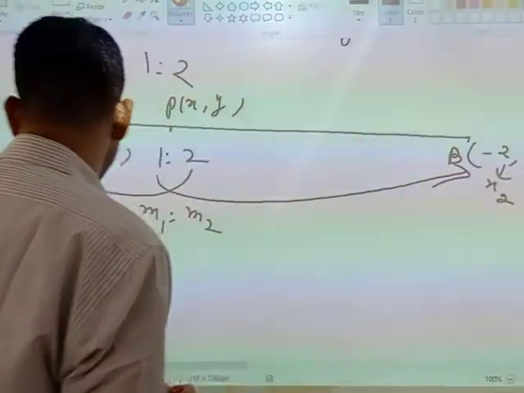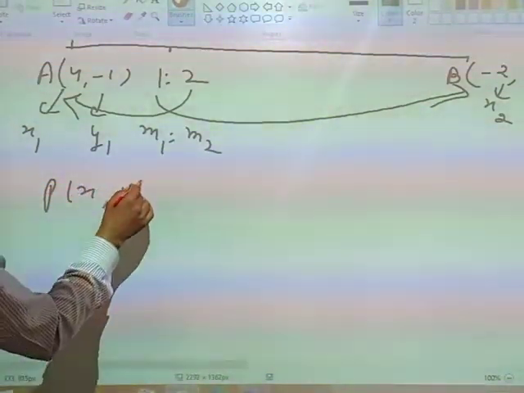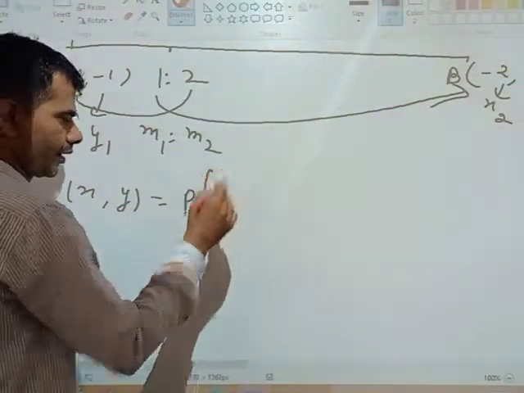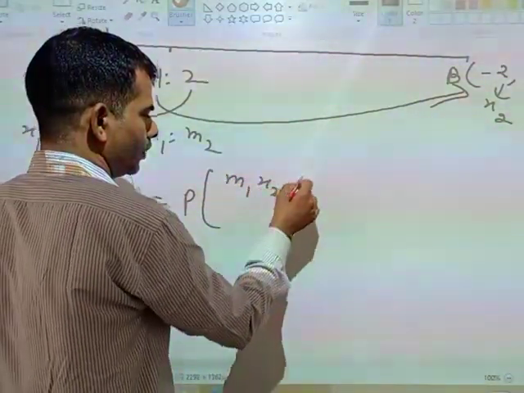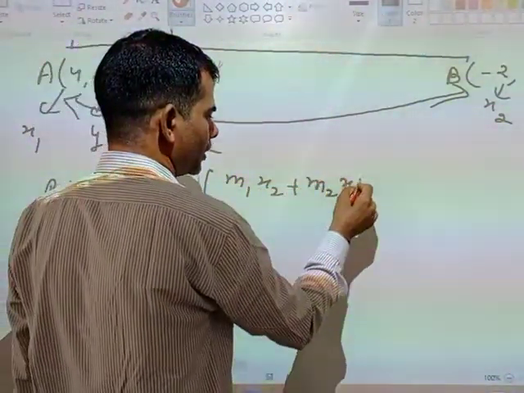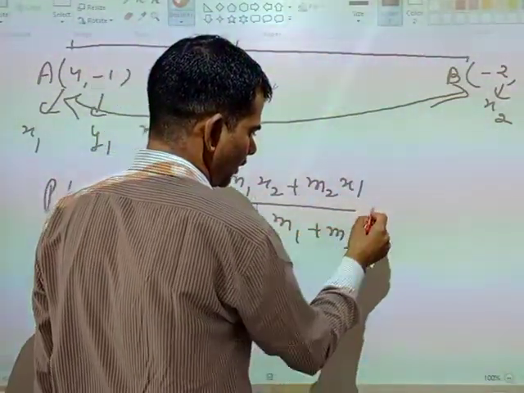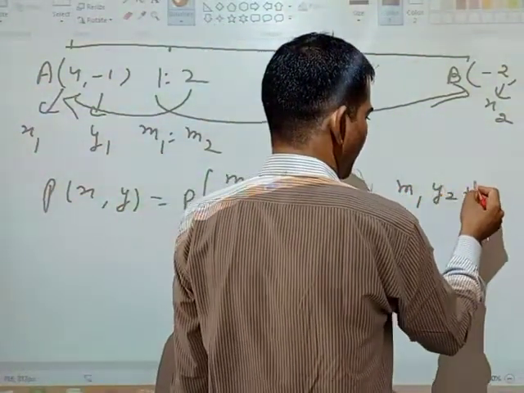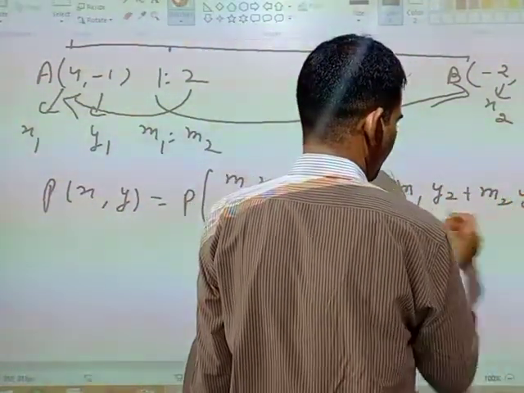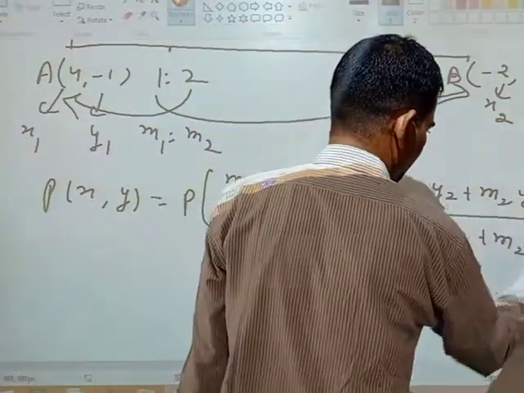Now P(x, y): m1 x2 plus m2 x1 divided by m1 plus m2. Yes, m1 y2 plus m2 y1 upon m1 plus m2.